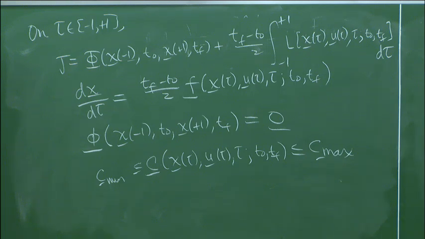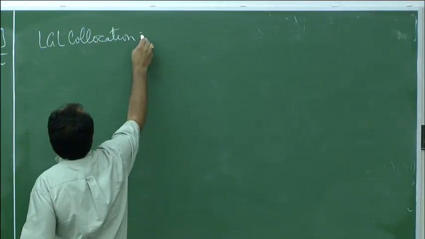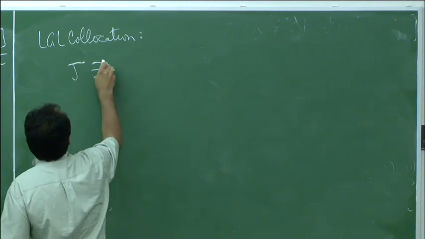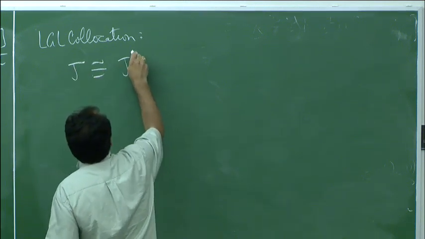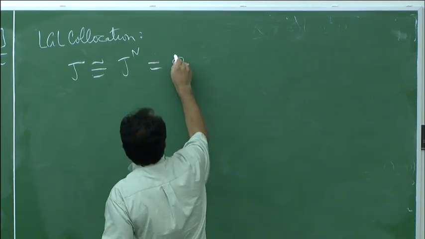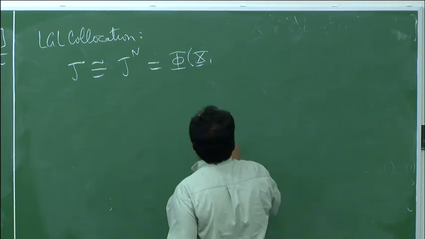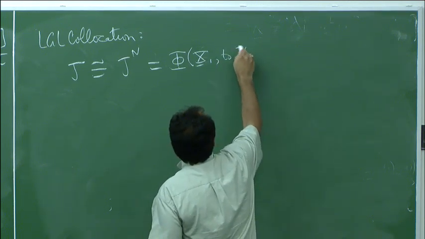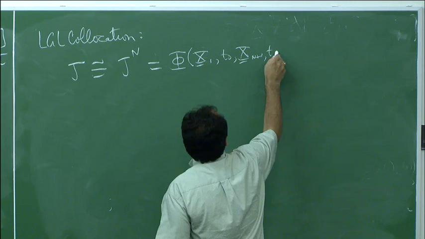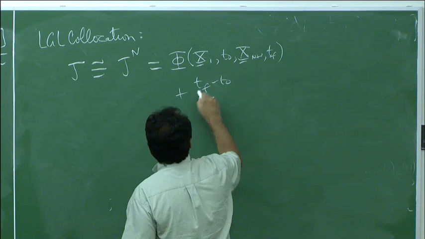So all integrals get replaced by whatever the quadrature rule is that I'm using. So if we do LGR collocation, what we get is J gets approximated by this thing I'll call J_N, when I discretize using endpoints. I get phi of x1, because that's the initial state, t0, x_{N+1}, because that's the final state, tf, plus (tf minus t0) over 2.